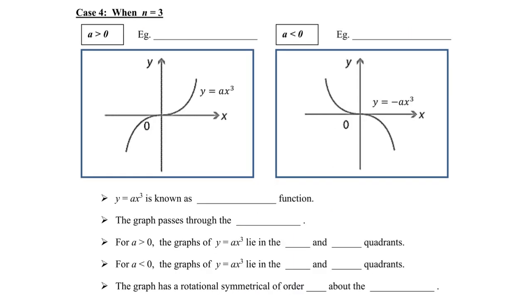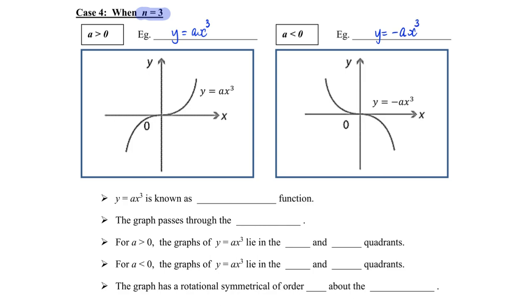Hello everyone, welcome to this part of the video where we are going to explore the case where n equals 3. So examples would include y equals a x to the power of 3 when a is positive, and y equals negative a x to the power of 3 when a is negative.